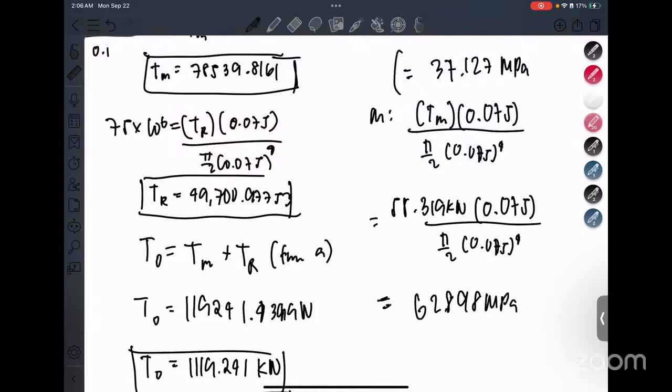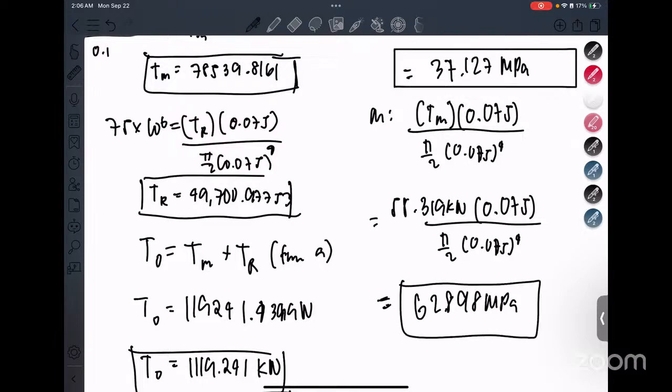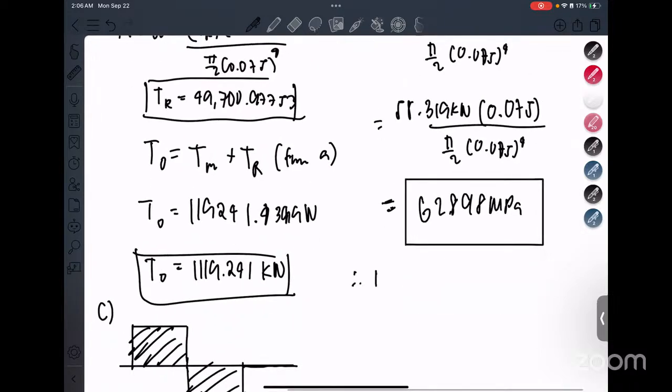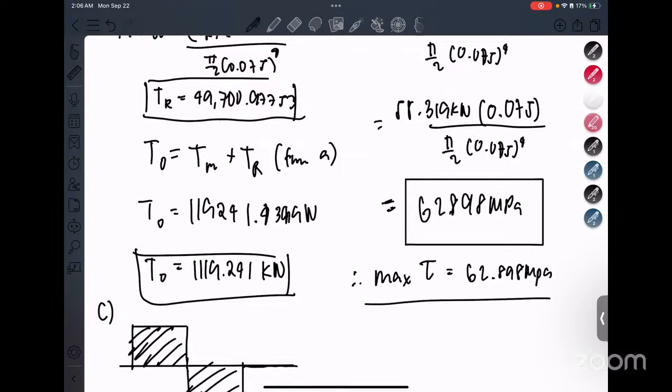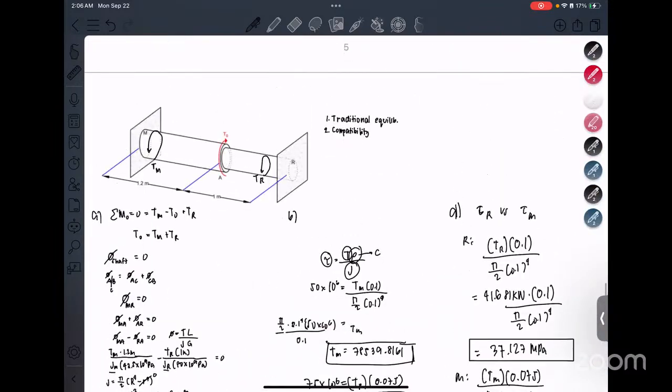So between the two, we choose 62.898. Therefore, our max is 62.898 megapascals. So that's for sub-item D. Last is sub-item E.